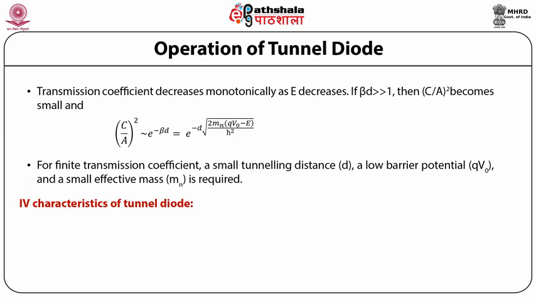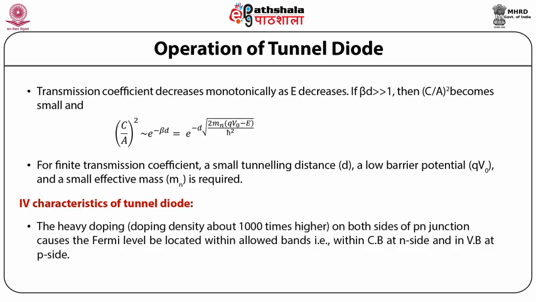Simple PN junction where both P and N sides are very heavily doped with impurities, that is, they are degenerate. So doping density is about 1000 times higher than the ordinary diode.